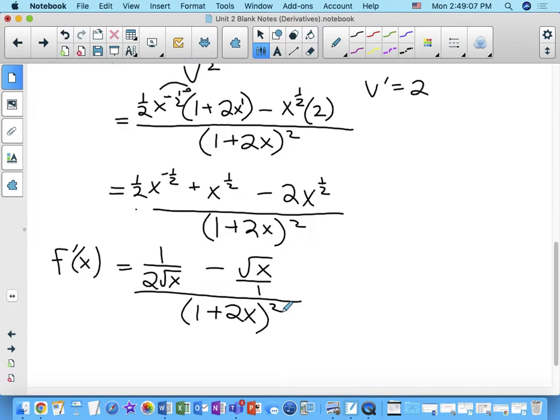Okay, so what's the common denominator here? Between 2 root x and 1. Yeah, 2 root x.